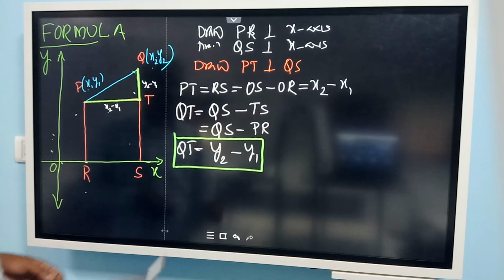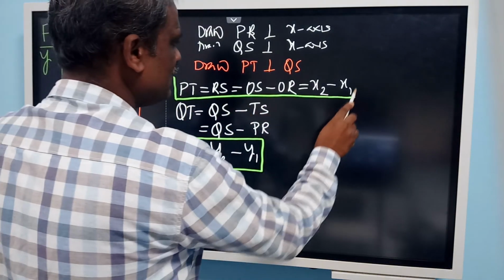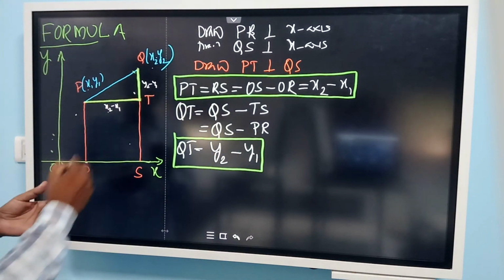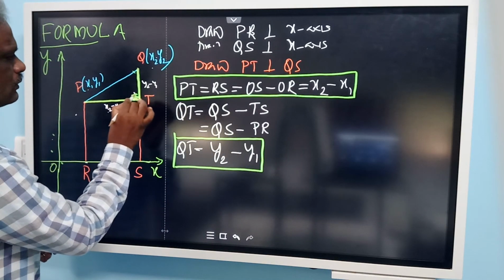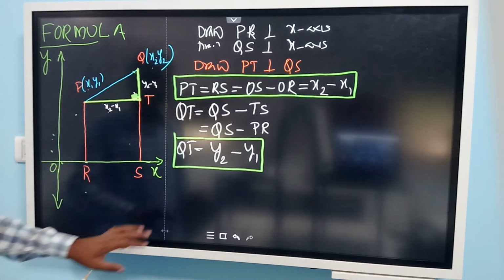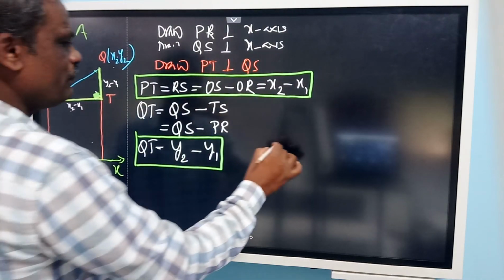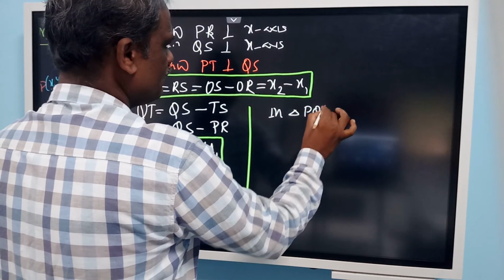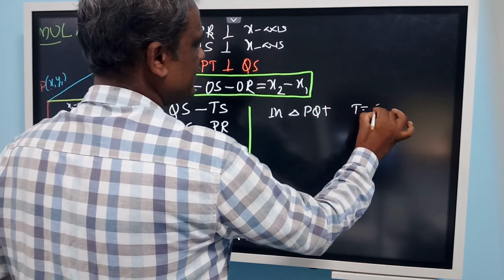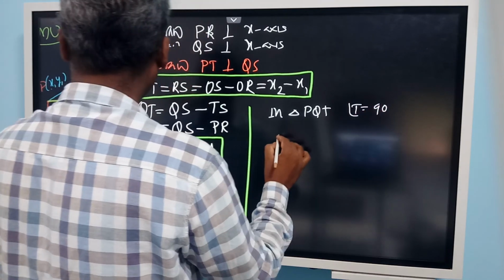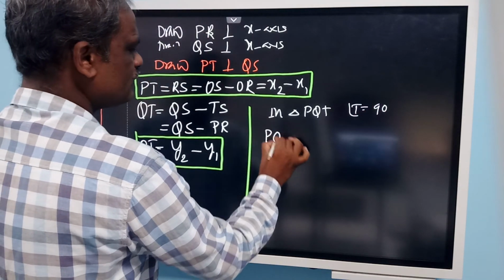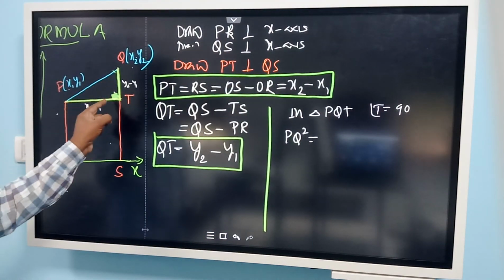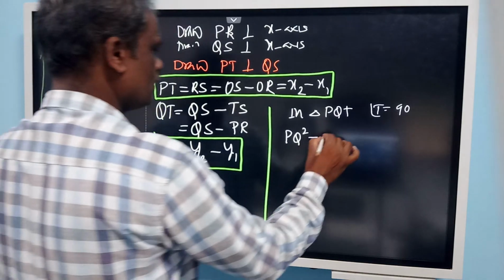After getting these two, PT is x2 minus x1 and QT is y2 minus y1. Apply the Pythagoras theorem to triangle PQT. In triangle PQT, angle T is equal to 90 degrees. So by the Pythagoras theorem, PQ square, the hypotenuse square, is equal to PT square plus QT square.